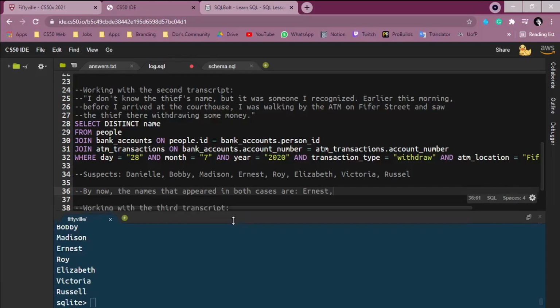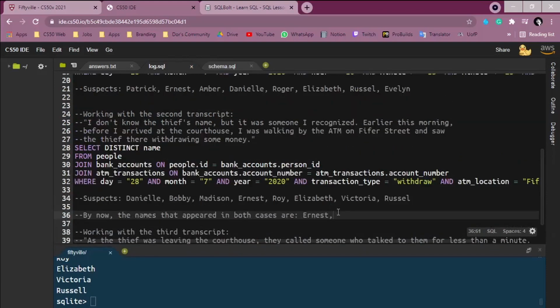Let me scroll down, scroll up. So Ernest, Amber doesn't appear in here. Danielle appears in here, so Danielle. We have Elizabeth in both, and we also have Russell. So these are our main suspects by now.